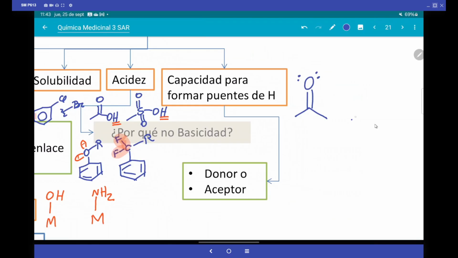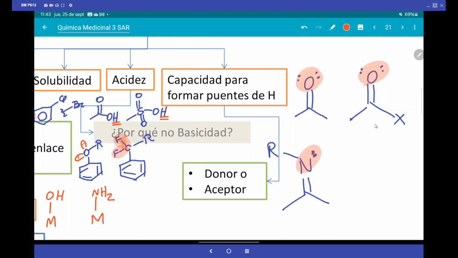We can replace it with any other carbonyl-type function that has something elsewhere here, for example an ester, an ether, etc. There is still an oxygen capable of being a hydrogen bridge acceptor. Or it can be replaced by a function of this type. Here I am going to put R, and we preserve the hydrogen bridge acceptor function from here.